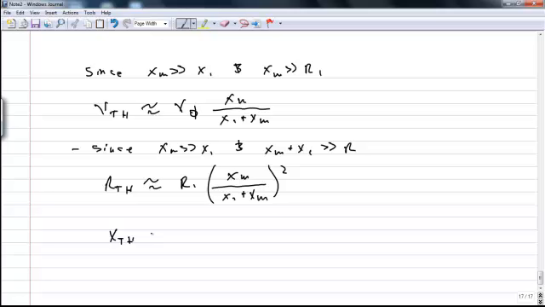Also, because of these assumptions, we can say that the Thevenin reactance XTH is approximately equal to X1.